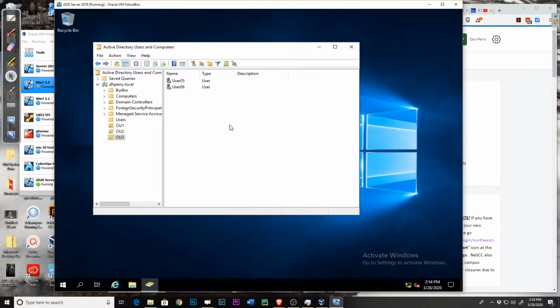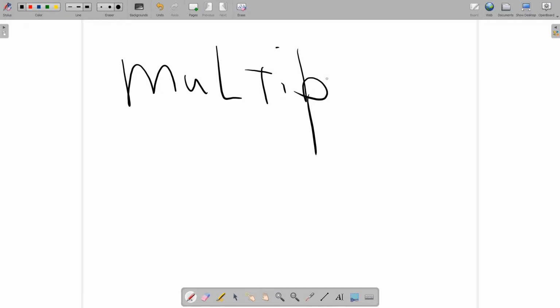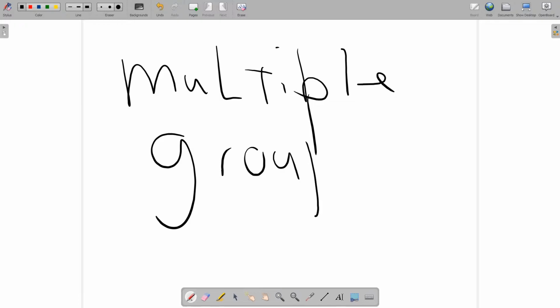When we start creating groups, some of the things we need to look at or understand is that a user or an object can be a member of multiple groups.